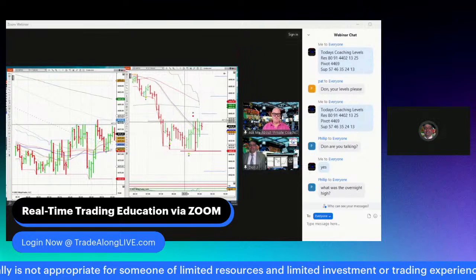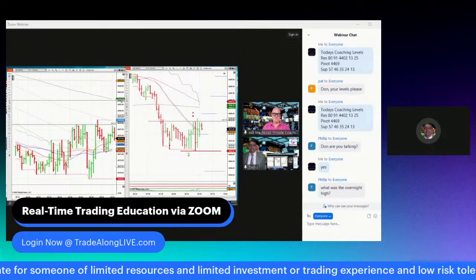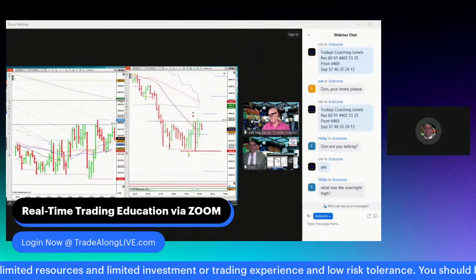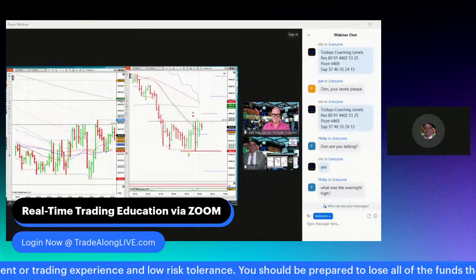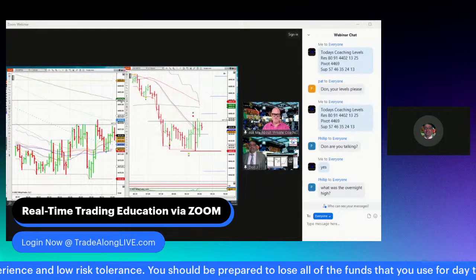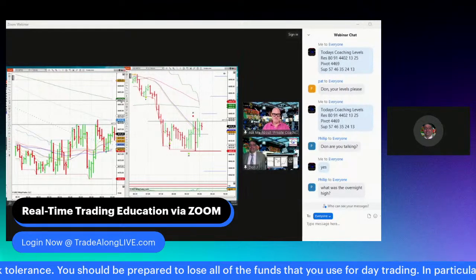If anything else, that 77 area gave you a place to bail your trade if you were long in the 74s. And you made a little money out of the trade.